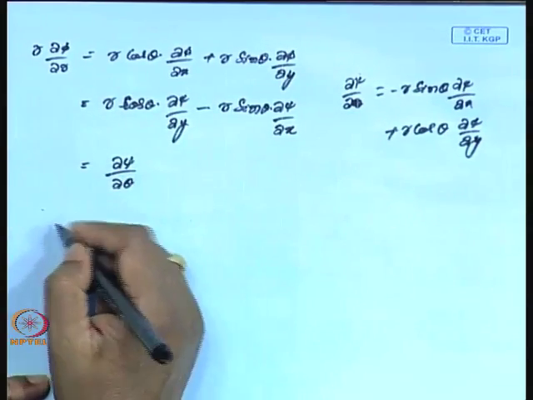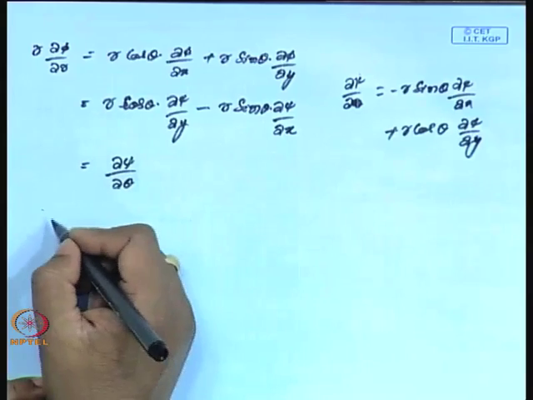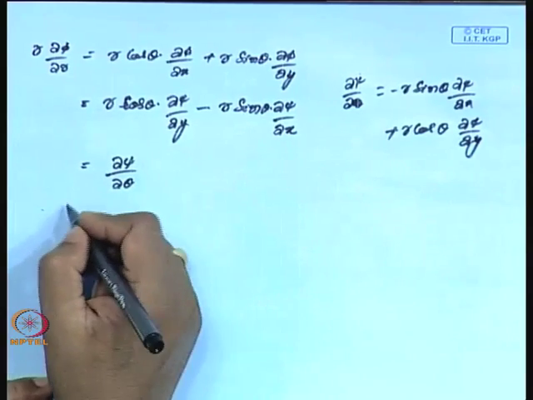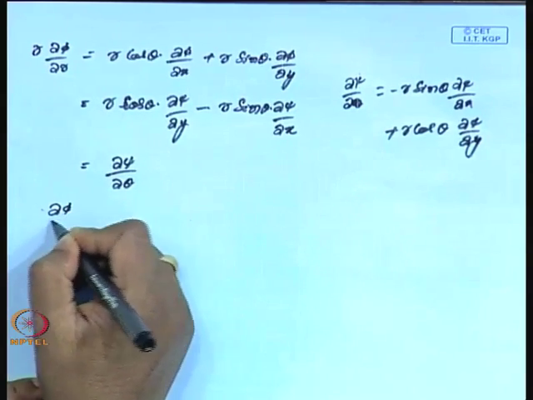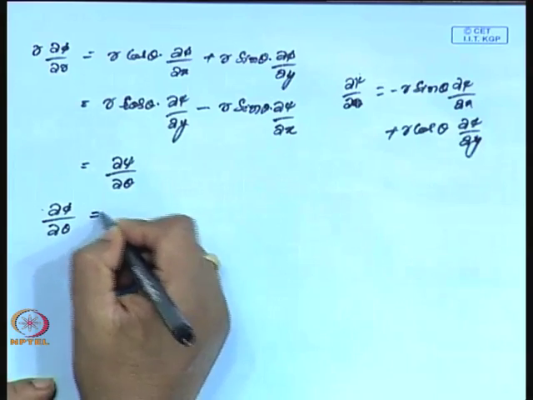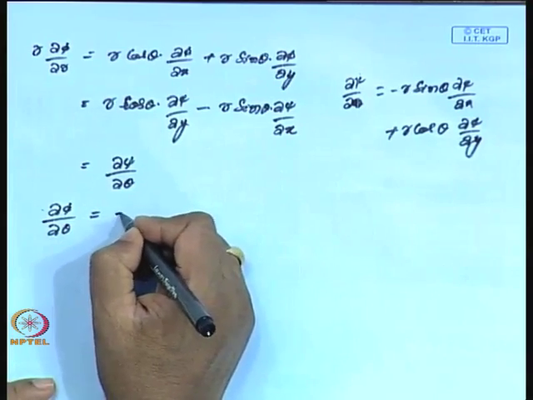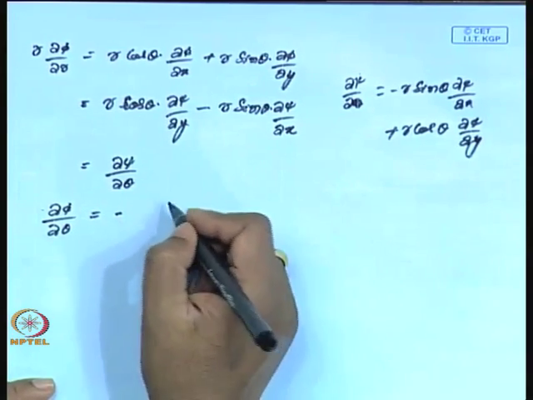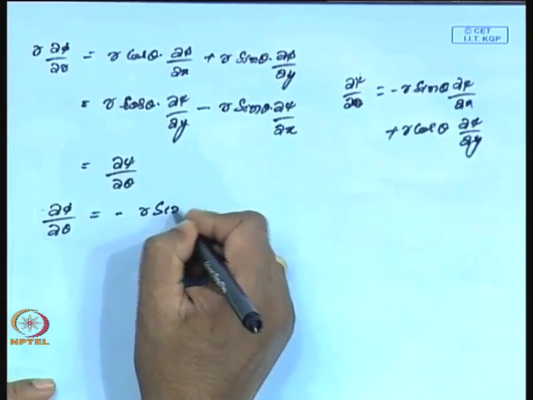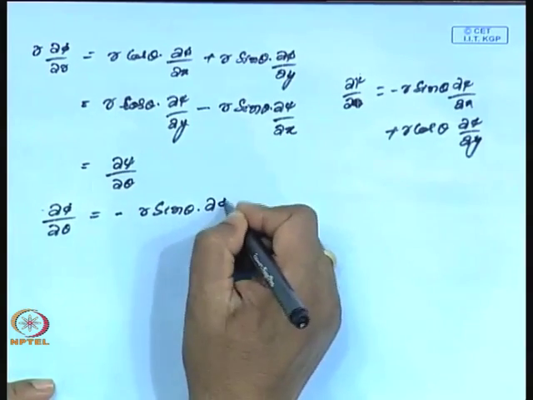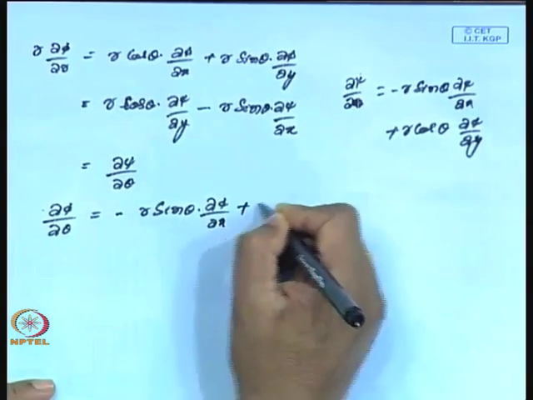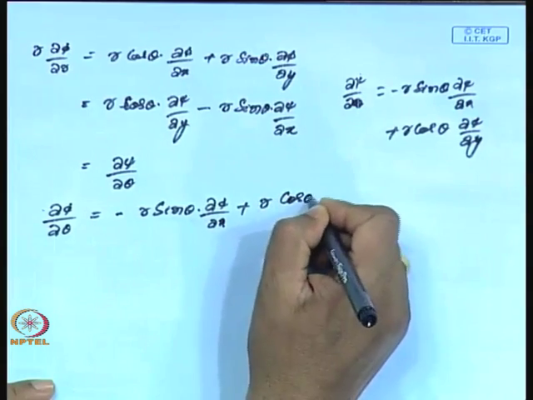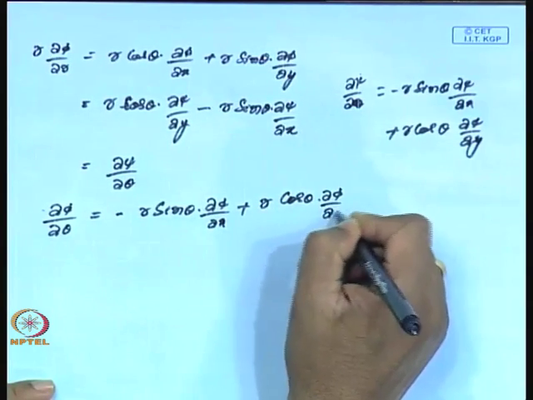In a similar manner, if I proceed in the same way, I will get del phi by del theta as minus r sin theta del phi by del x plus r cos theta del phi by del y.